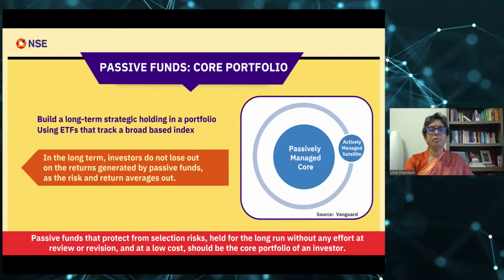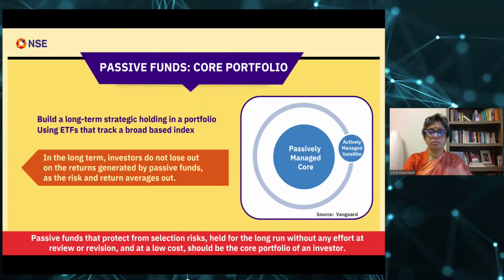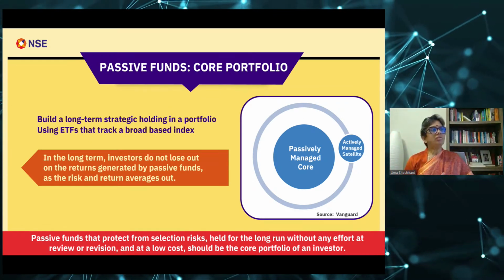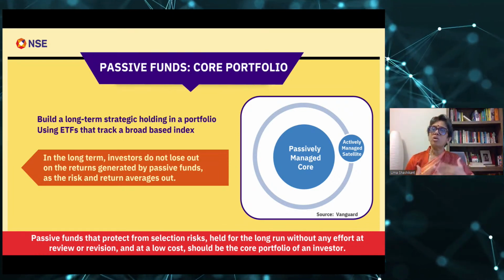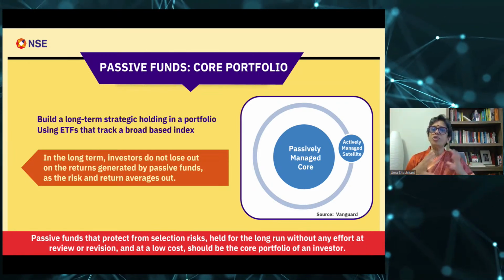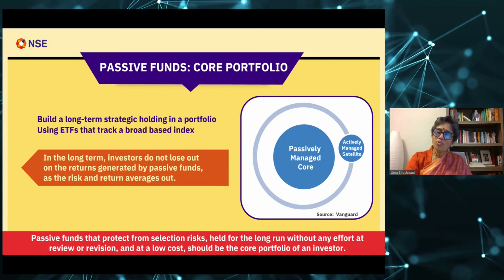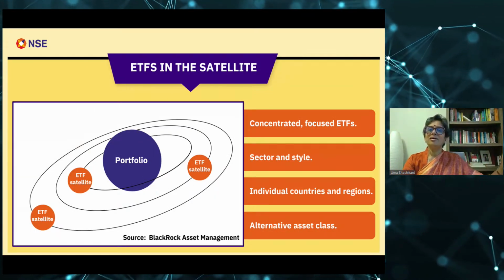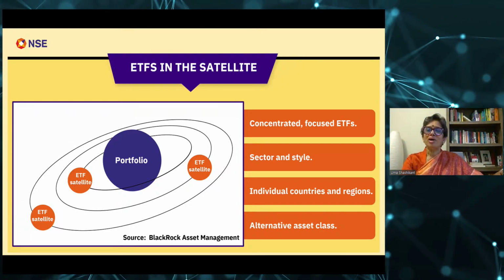Now, for example, let me show this. So let us say you have, this is a different one. I'll come back to that in a minute. On the other hand, you are a young investor, or you are a very active investor. You are still earning well, but you have this great fascination for the market. So you are holding your own portfolio, which you are actively juggling and trading. Then what you want to do is use ETFs as a satellite where you will add a commodity index, or you will add an IT index, or you will add a global index, right?